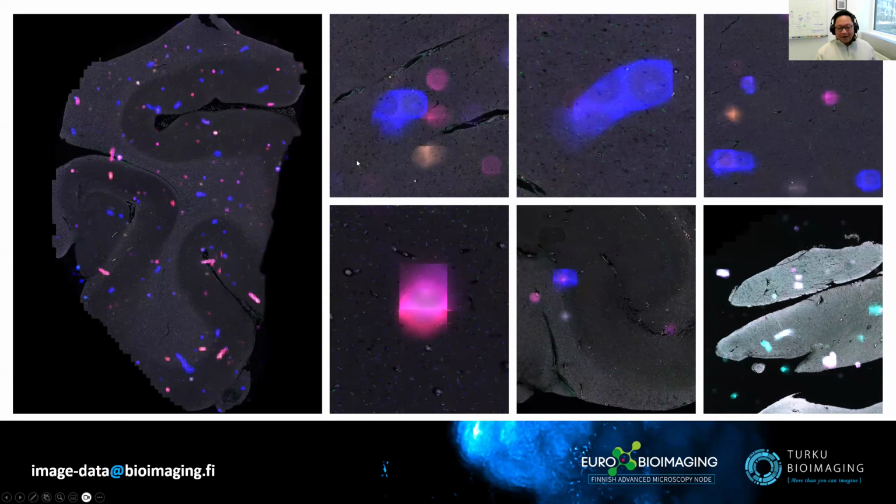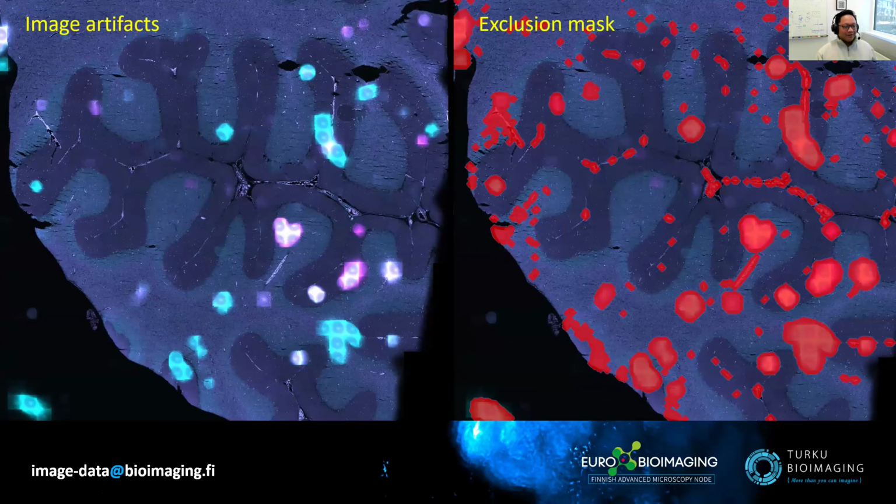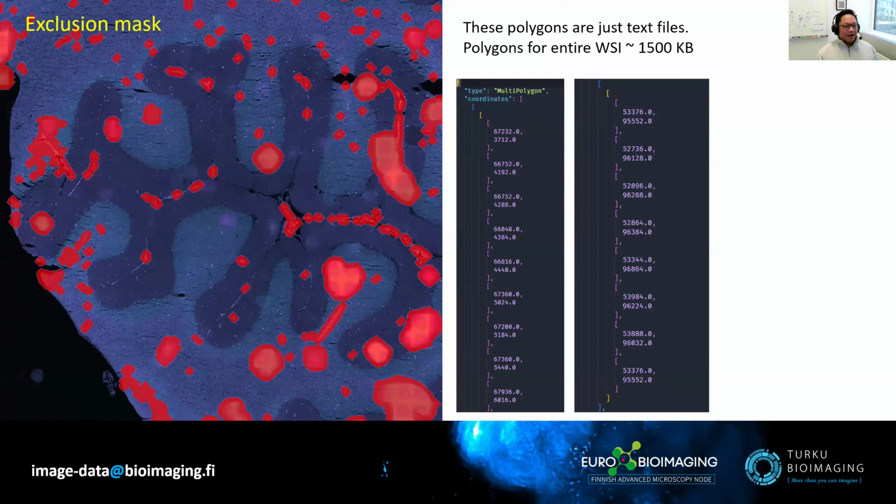So once again, here you can see a thresholding-based approach calculated per channel that in the red shows you all the polygons of areas of the slide that are to be excluded from being analyzed because they're too bright. They're artifacts. And again, we don't store these as images anymore. We simply store them as polygon coordinates with very small file sizes.